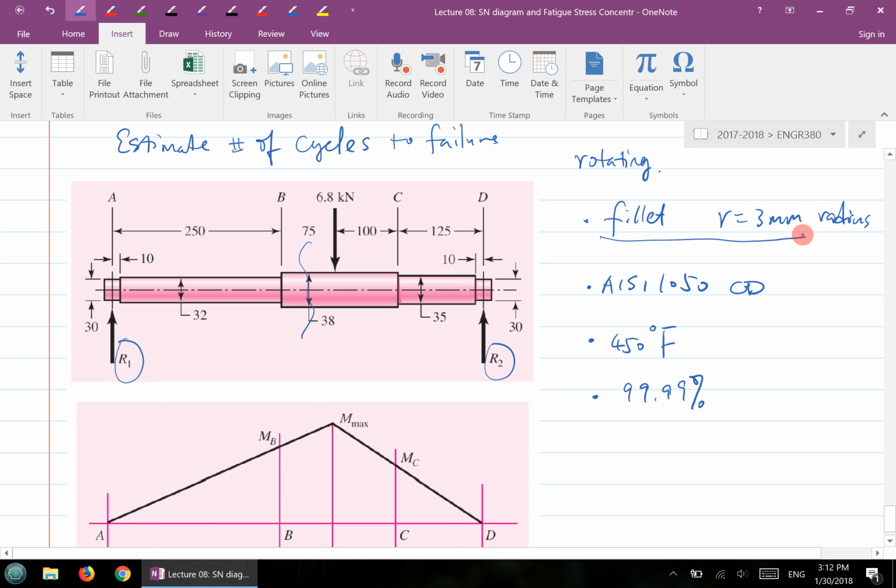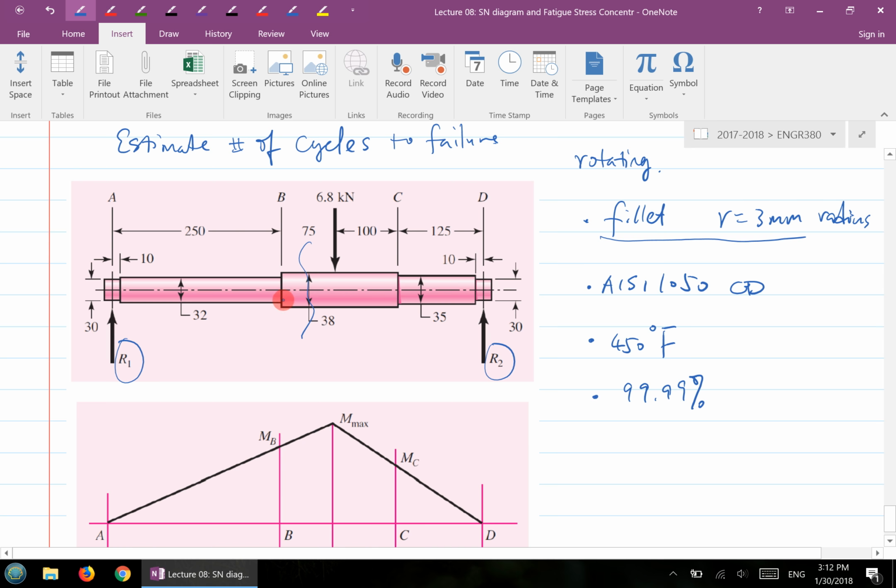The stress concentration factor acts as a stress riser, so it will raise this stress. Look at the C and B locations. These are the locations with the fillet at the shoulder, right? The C and B locations don't have the maximum bending moment, but both of them have the stress concentration factor.